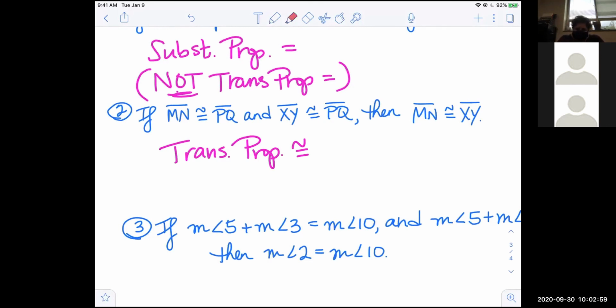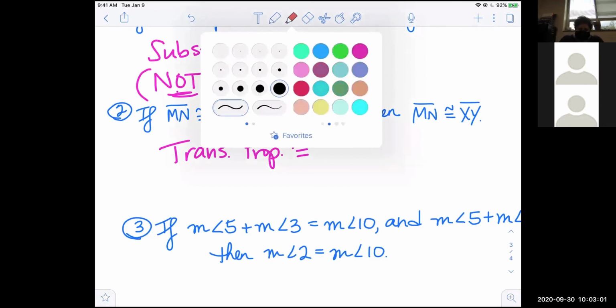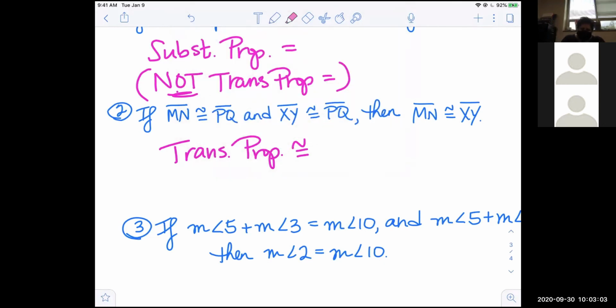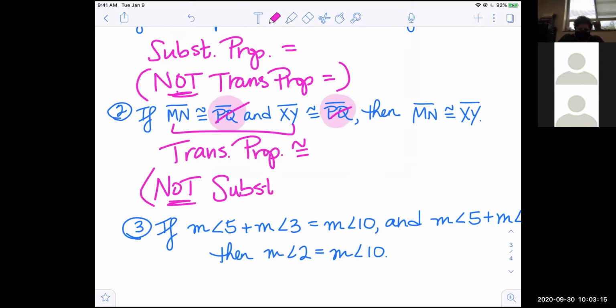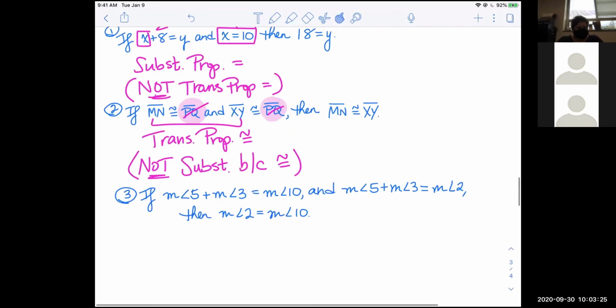So if we try to do the canceling out thing, we've got PQ is the same in both. We can take them out and make those congruent to each other. It is not substitution, which is what Allison just said. Not substitution because it's congruence. If it's got congruence in it, it can never be substitution. There is no substitution property for congruence.